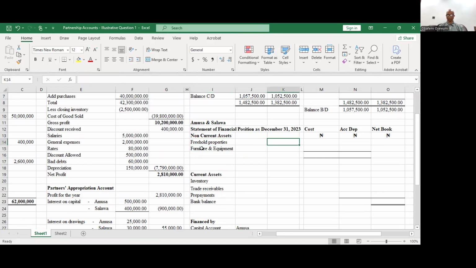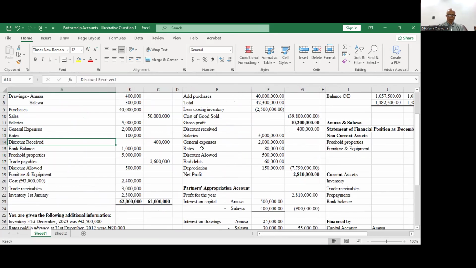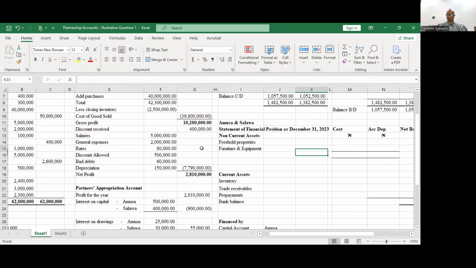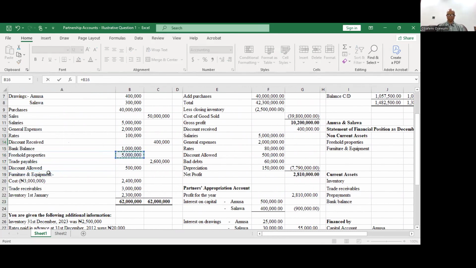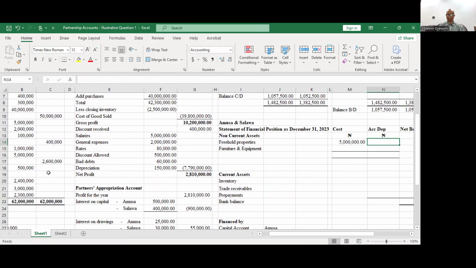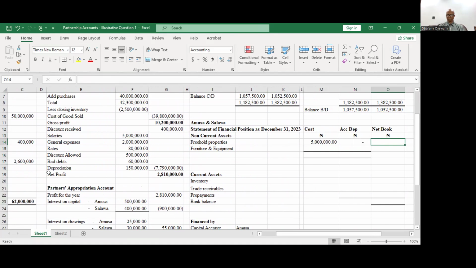Statement of financial position, freehold properties, cost. Let's go to our trial balance. Trial balance, freehold properties, 5 million. So 5 million is what we have. Accumulated depreciation, is there any? No. Net book value. If there wasn't a figure there, what do we do?